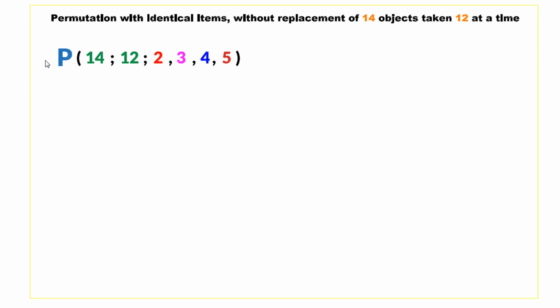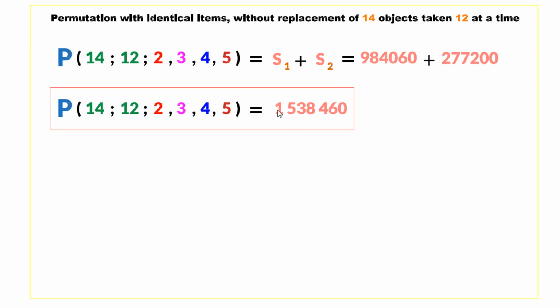So the answer to our question, the permutation of 14 objects taken 12 at a time with these identical objects, of course without replacement, is equal to the sum of S1 plus S2, and that is 1,538,460 possible permutations.